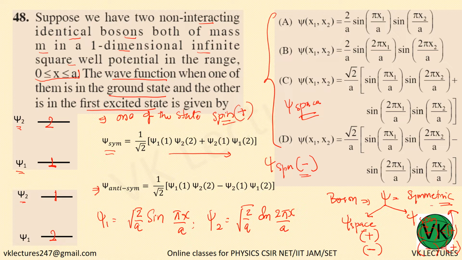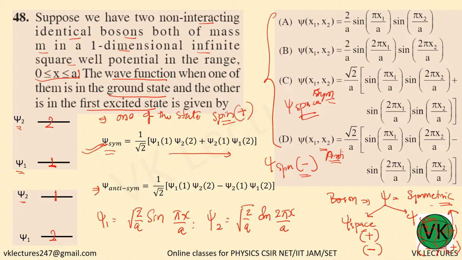So here this is psi space plus, that is symmetric. This formula you have been using. This is for anti-symmetric. So it depends on the value of psi spin.